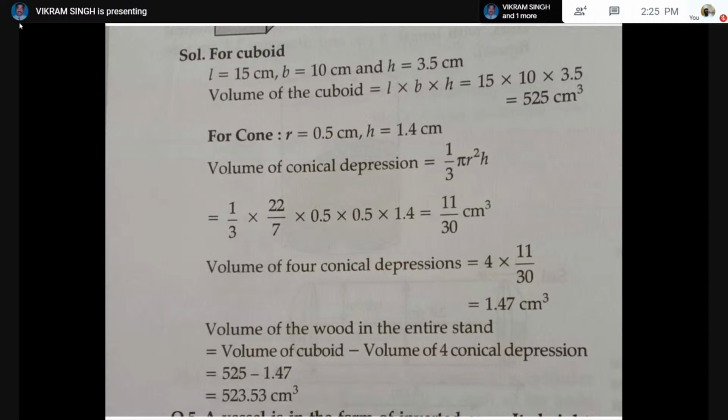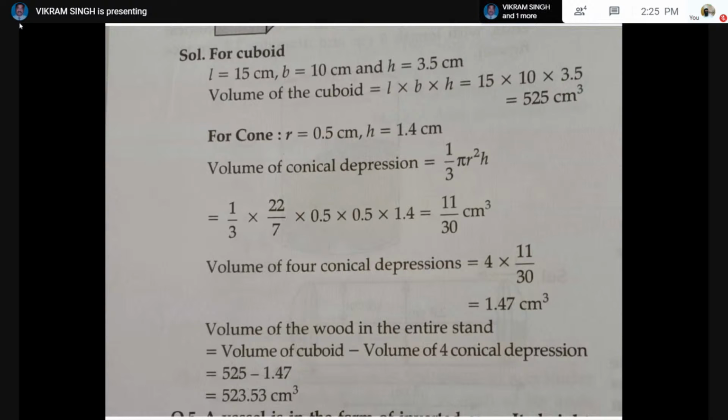According to the formula, the volume of the cuboid is LBH. After putting all the values, we have 15 multiplied by 10 multiplied by 3.5. After calculating this, it becomes 525 centimeter cube. It means the volume of the cuboid portion is 525 centimeter cube.